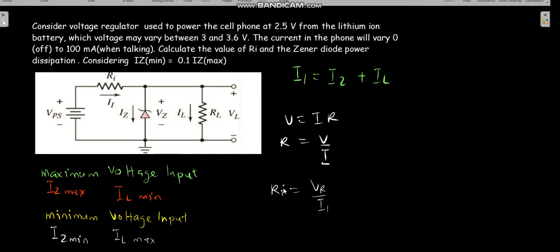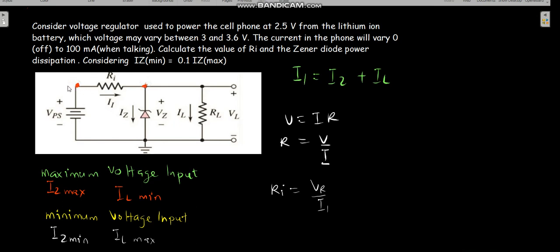Now before you can find this resistance, you must know the voltage, and you must know the current here. But already you know that the input current equals Iz plus IL. But what of the voltage here? How do you find the voltage across this resistor? You can do this easily by subtracting the voltage at this node from the voltage at this node.